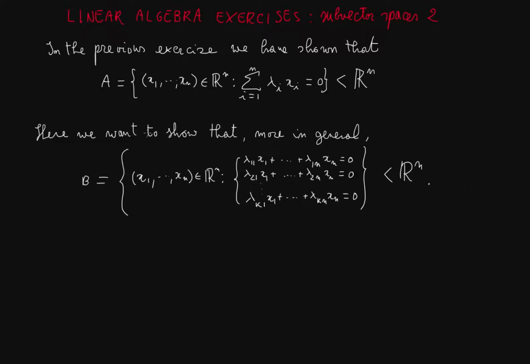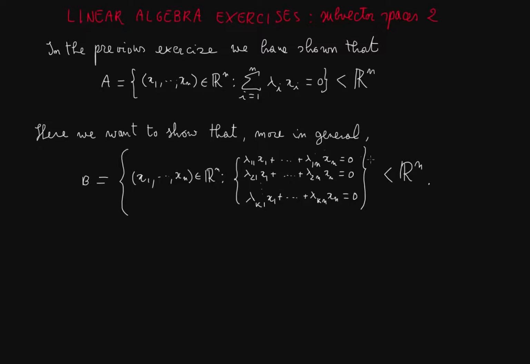Now we are going to prove a generalization of this statement, and we will consider the set B given by n-tuples in Rn, satisfying not only one linear equation, but k of them. We will denote by lambda_ij the coefficients of the linear equations here, and the first index will indicate the linear equation, and the second index will run through the summands of the linear equation itself.